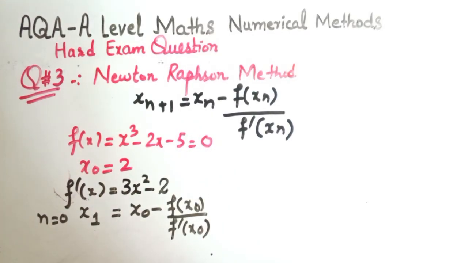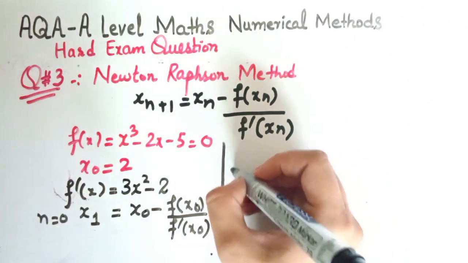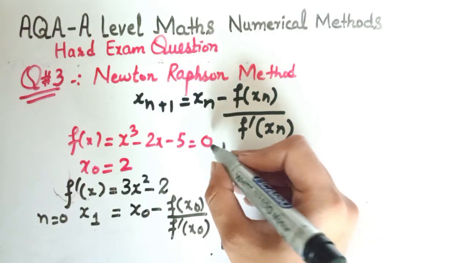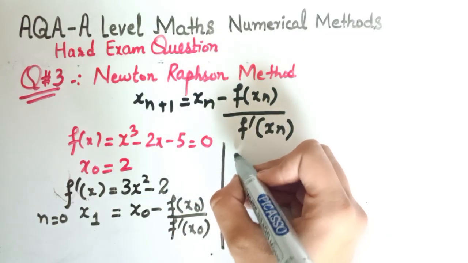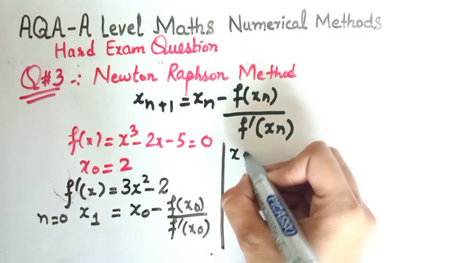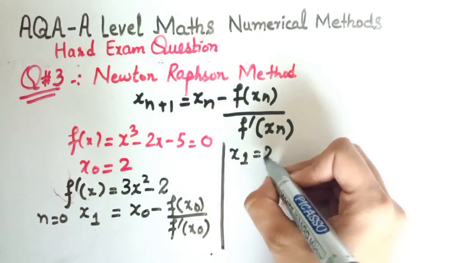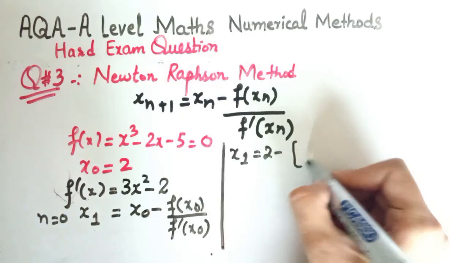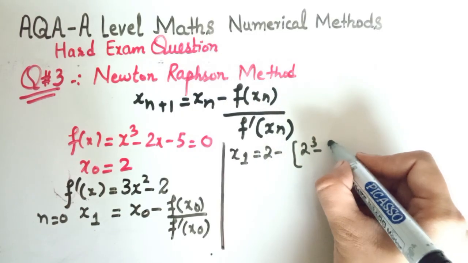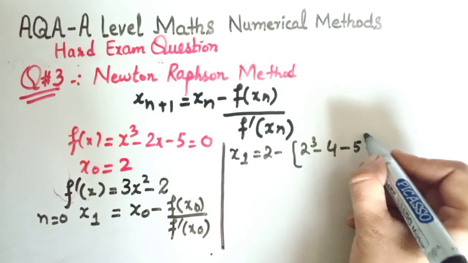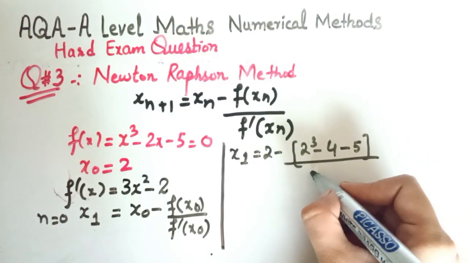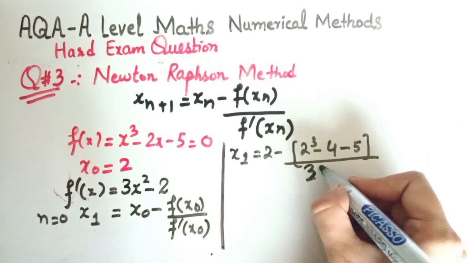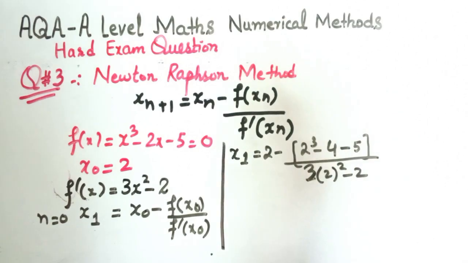So we will substitute the values here. x0 is 2. So x1 equals 2 minus f of x0, which means 2 cubed minus 4 minus 5, divided by 3 into 2 squared minus 2.